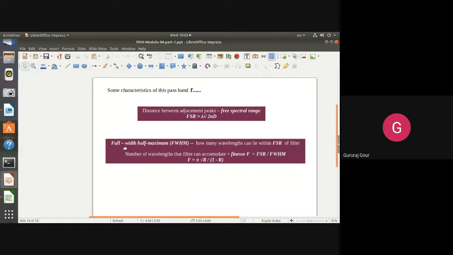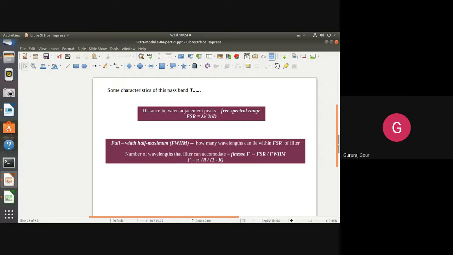Similarly, we have the full width half maximum, FWHM, another term that indicates how many wavelengths can be selected within this FSR, the free spectral range of the filter. It indicates the net wavelengths selected by this band pass filter.